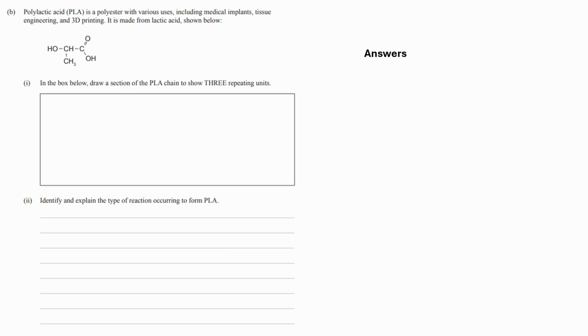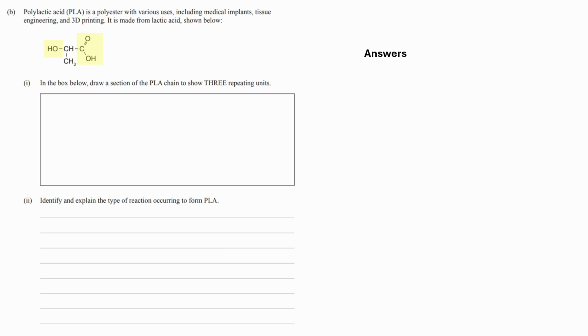Now we can see here that there are 2 functional groups. There is a carboxylic acid functional group, and there is an alcohol functional group, and we know that we can react a carboxylic acid and an alcohol together with concentrated sulfuric acid as our catalyst to produce ester bonds.